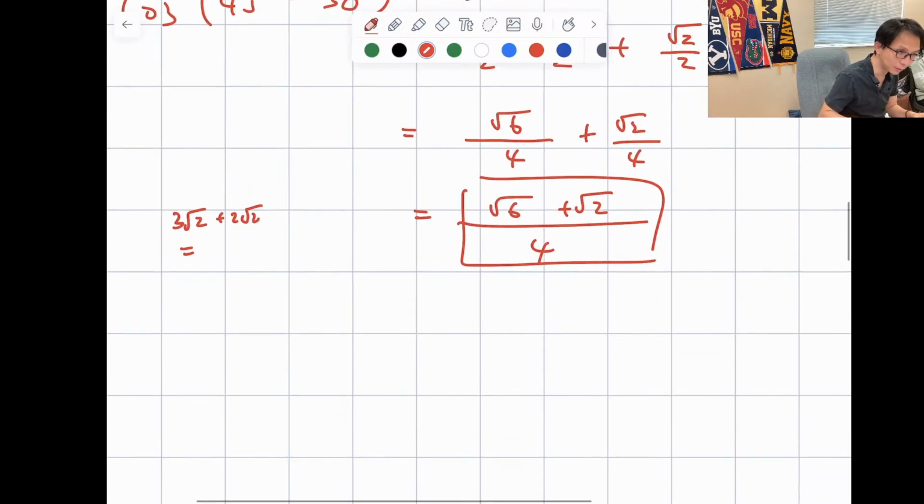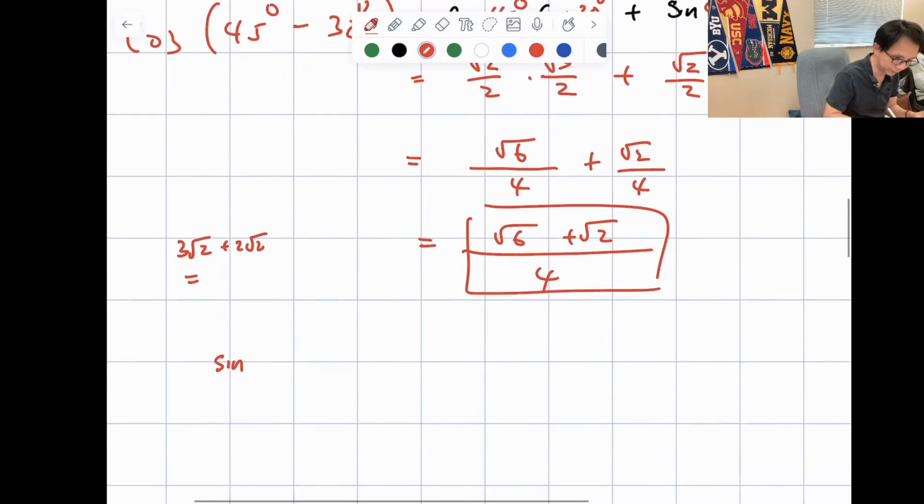Okay, I want you to figure out what is sine of, I don't know, we did cosine, right?